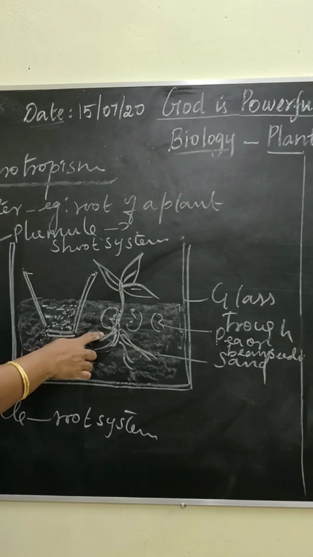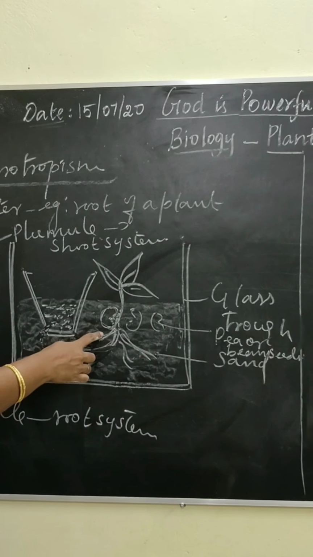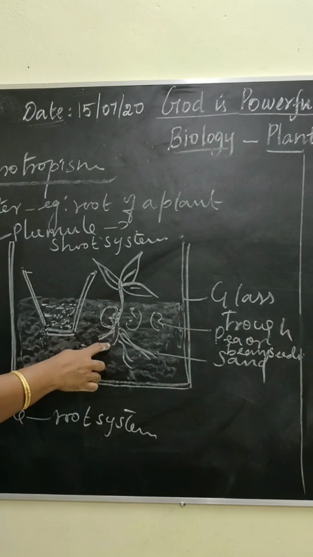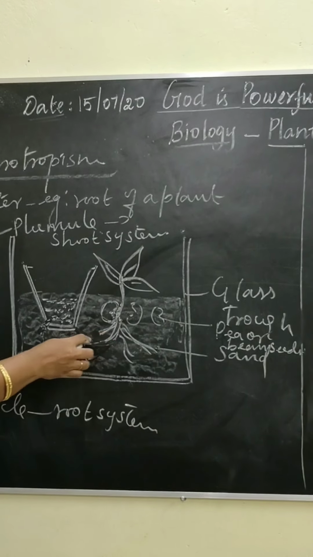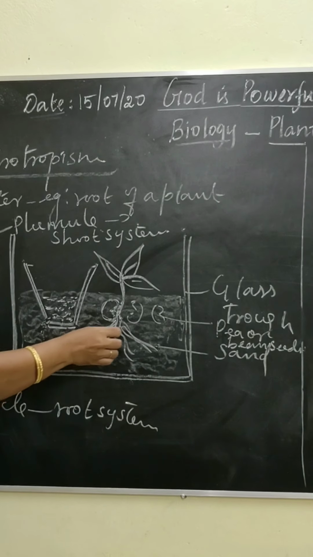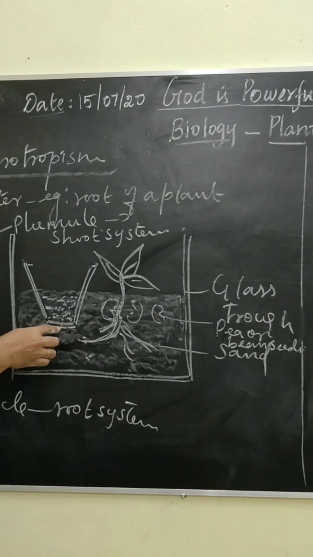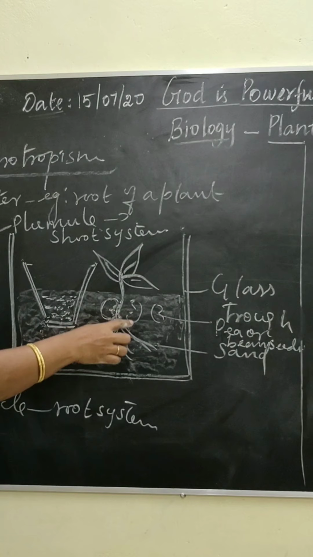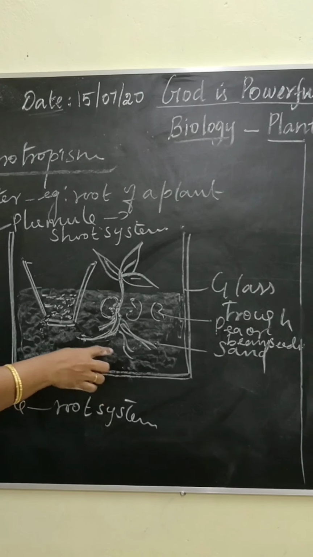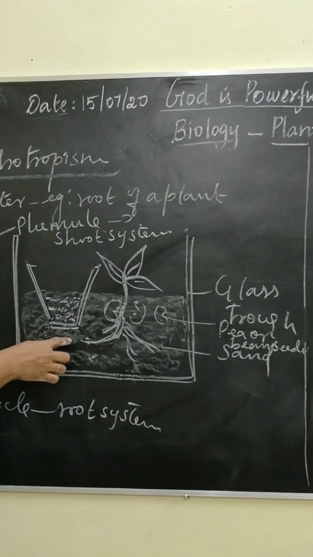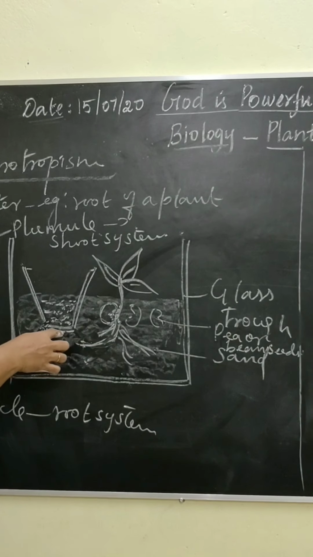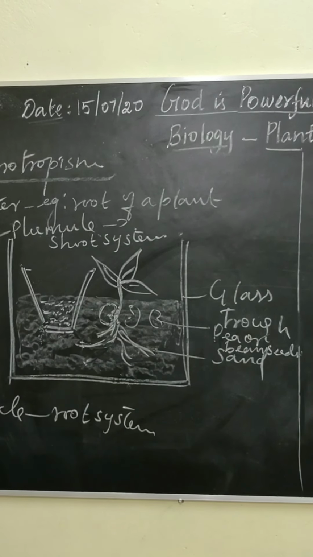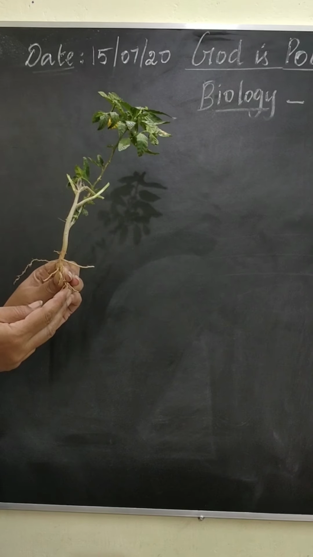After 3 or 4 days, we could notice that the radicle has grown towards the flat pot containing water instead of growing downwards. This experiment clearly explains that the primary root is positively hydrotropic.